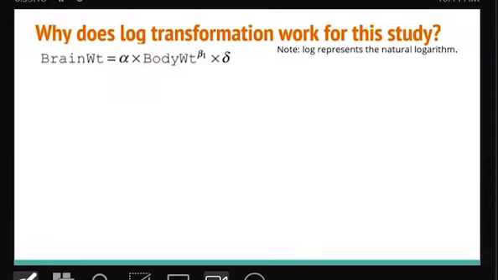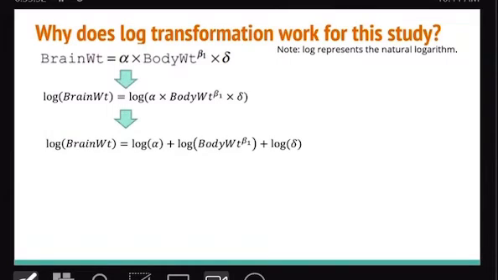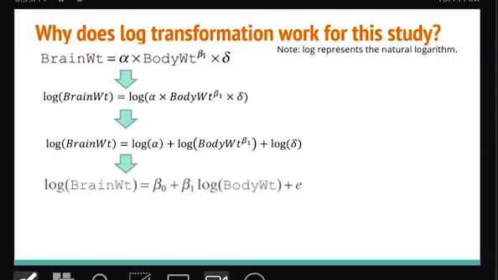Take a look at this. Take a natural log. When I take the log of that and the log of that, I get all of that mathematically. Then I'm going to have the log of alpha plus, since the log of a product is the sum of the logs, and when you take a look at this, finally you arrive at this.